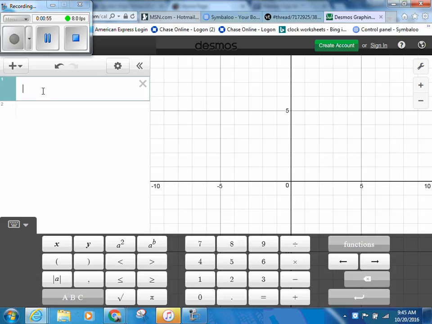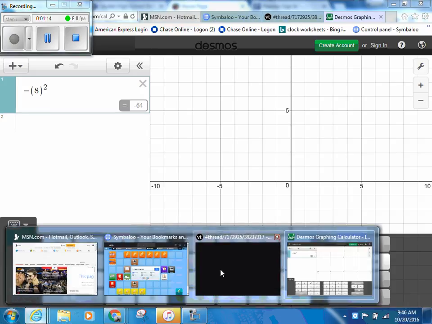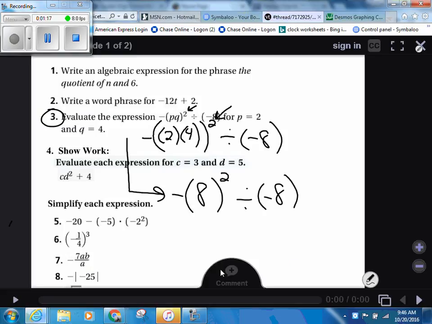I'll try it again. Negative parentheses 8 parentheses. What button do I hit? A over B 2. And what is my answer? It's -64.